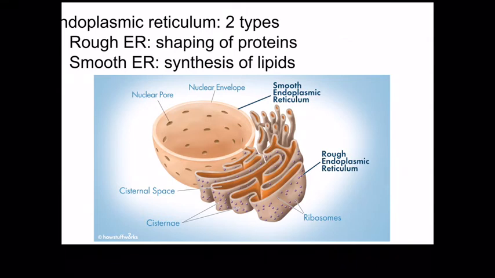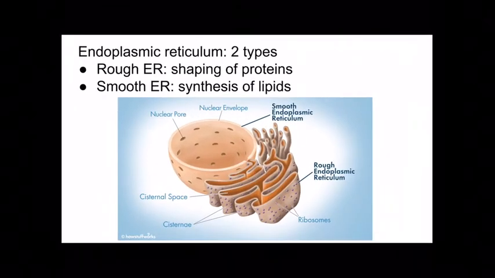Or let's say this is just any old cell, and this cell is saying to itself, gee, I could use some more phospholipids for my membrane, then those phospholipids could be made in there. So whatever lipids this cell needs to make, those lipids will be assembled inside the smooth endoplasmic reticulum.